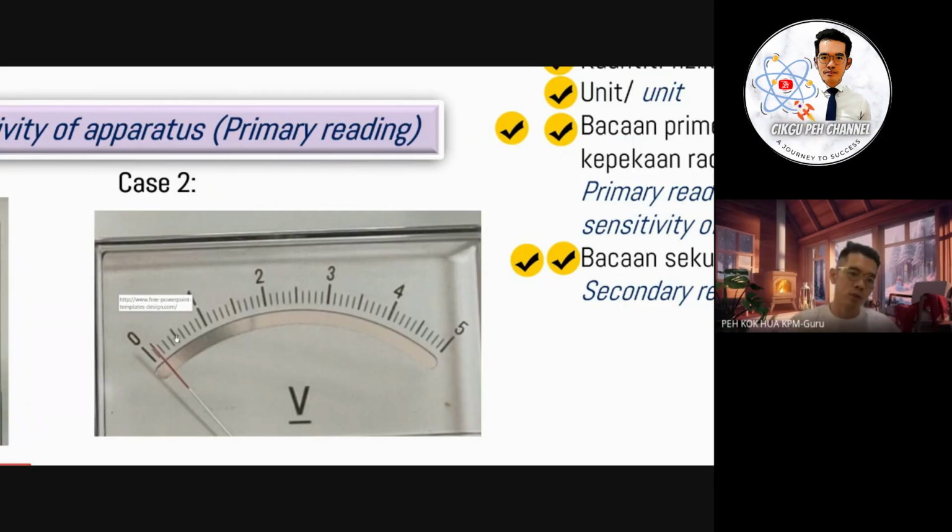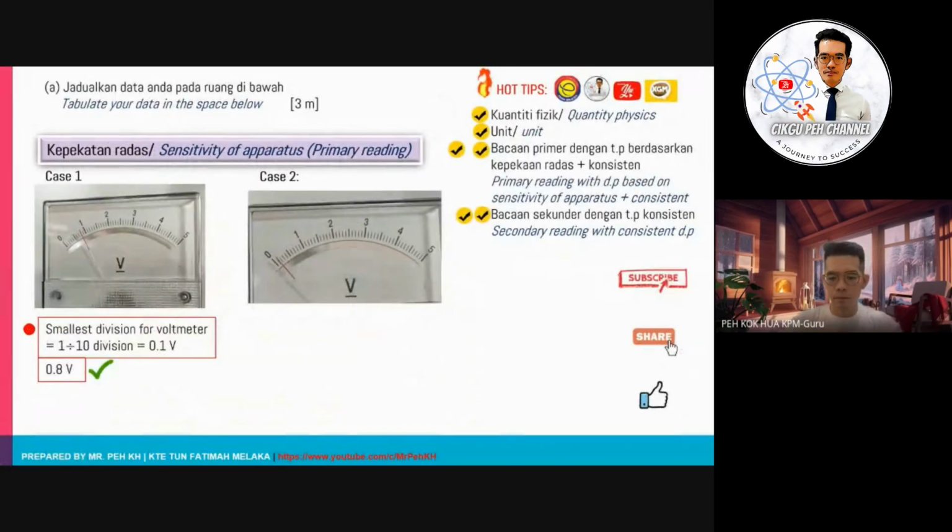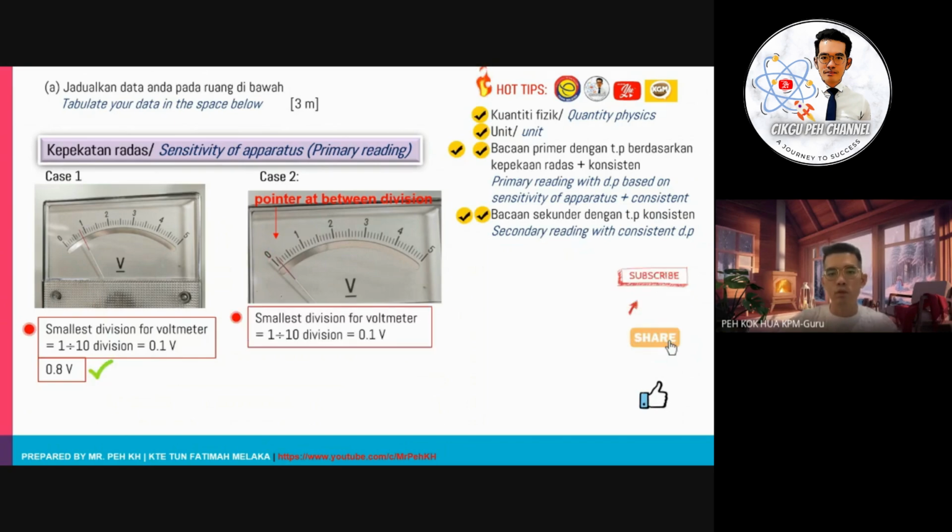So you can choose your reading as 0.1 or 0.2. So both are accepted. Okay, so you see the pointer is between the segments just like I explained to you. Okay, so first you can use the smallest division as 0.1 volt, as I taught you just now. 1 divide 10 segments, we get 0.1 volt.